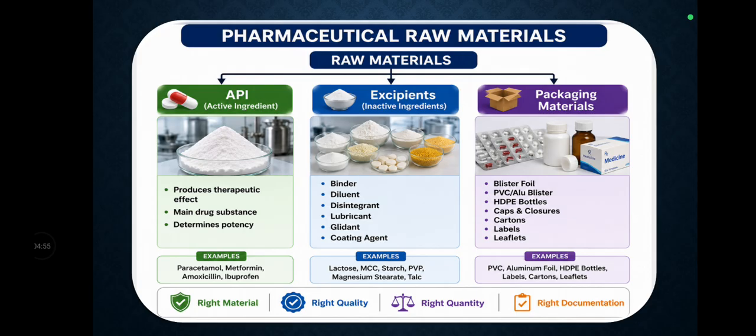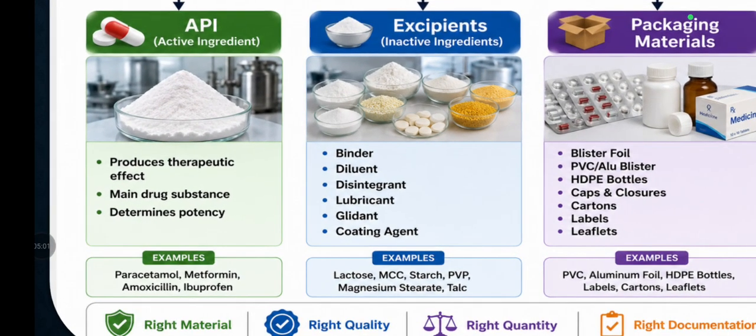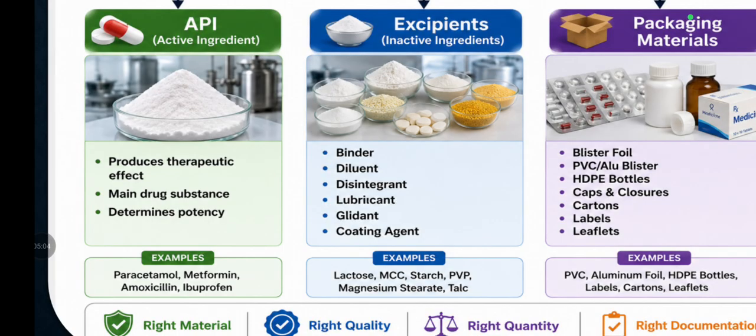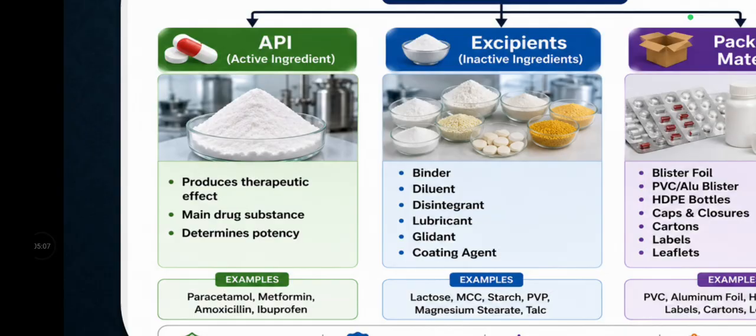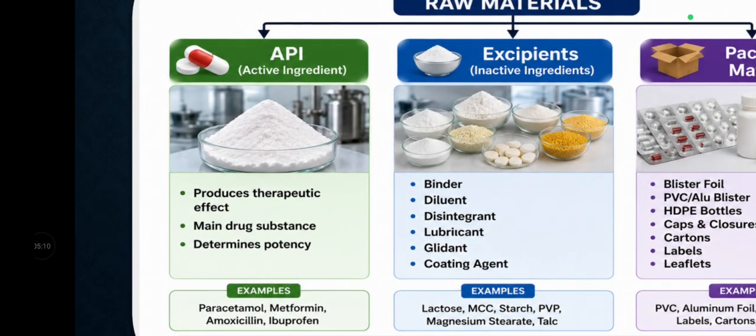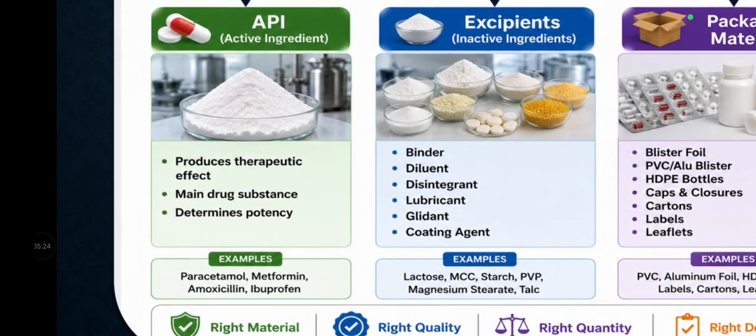Which type of raw materials we are using to complete this journey of the tablet. So first of all, these are the three basic raw materials we are using. First is API. API is the active pharmaceutical ingredient, which is important for therapeutic action, the main drug substance in making the dosage form, and it determines the potency.